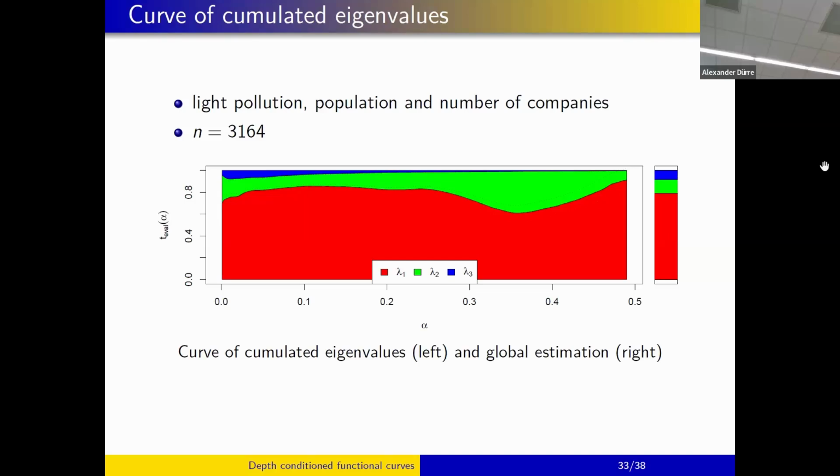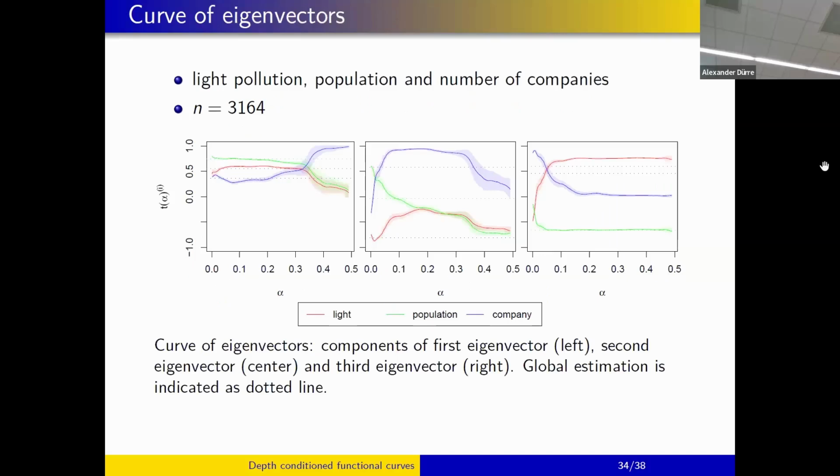And now we can look at the directions, which are even more interesting. In the first plot, we see the first eigenvector. The first eigenvector has three components, and these three components define the direction of this eigenvector. We see that all three components are positive and point in the same direction.